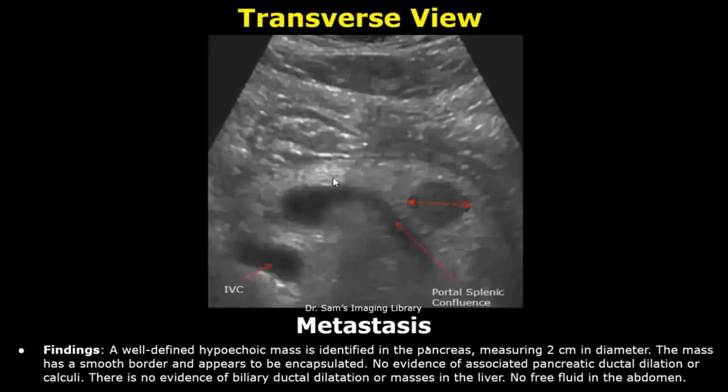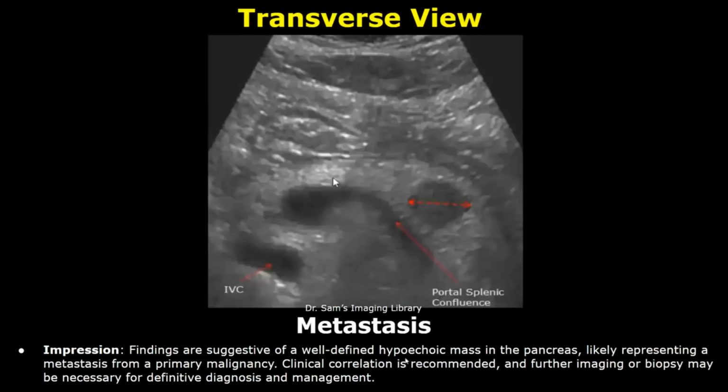It has a smooth border and appears to be encapsulated. You can write these findings in the impression, and due to a history of cancer, this hypoechoic mass is likely representing a metastasis.